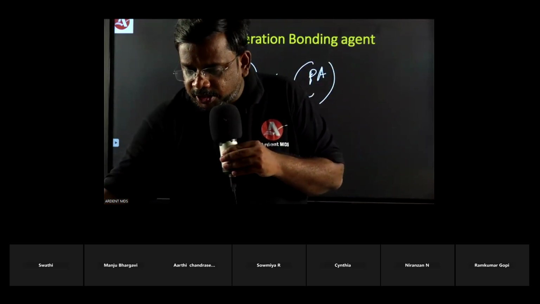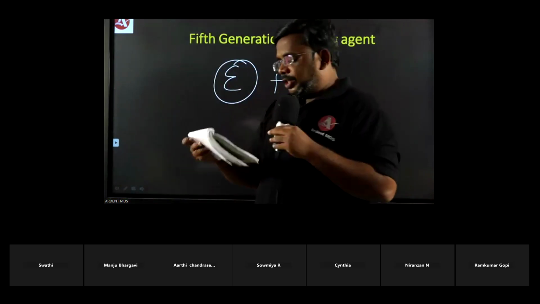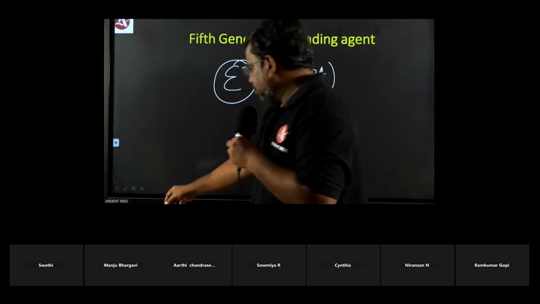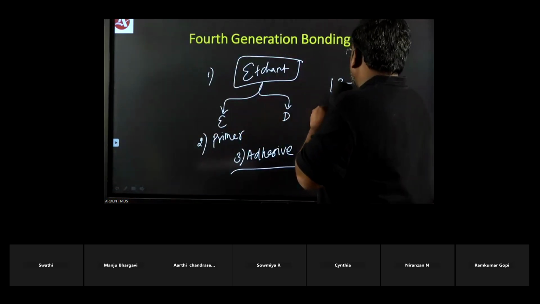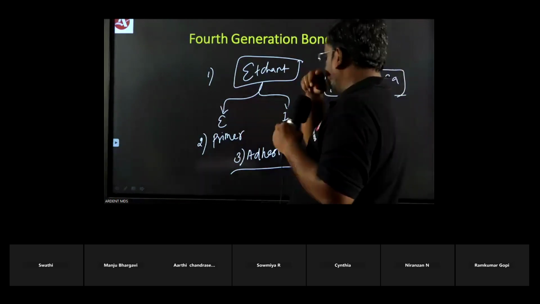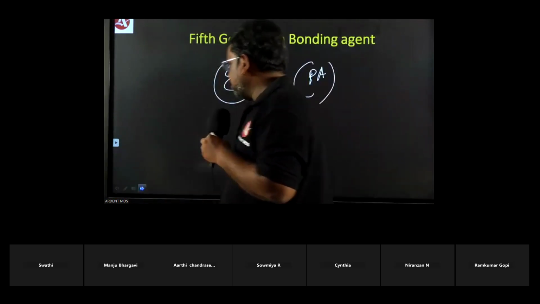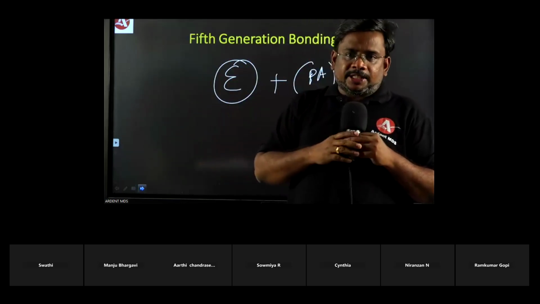So the fifth generation and fourth generation: the bond strength is between 13 to 30 megapascal. This may also be asked in MCQs. Fourth generation, fifth generation, sixth generation, seventh generation.